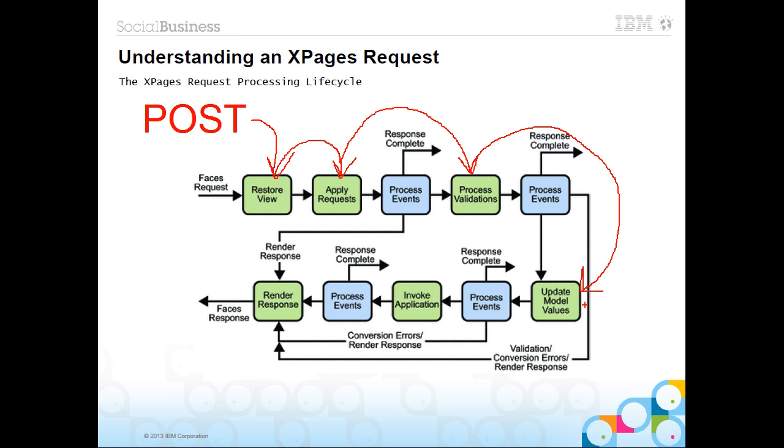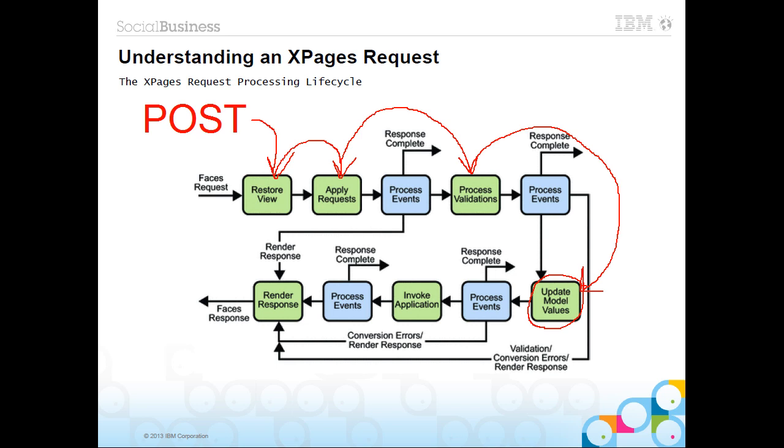So in this case, we're dealing with the update model values phase. In this phase, the XPages runtime is now able to trust the submitted value and also apply that against the components and any of the bindings that are on the components.